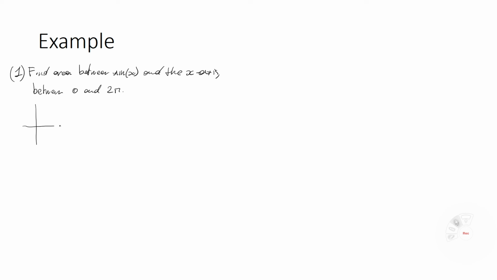In order to do that, let's graph our function first. This is the familiar sine curve. We have one full oscillation of the sine curve. This is 0, pi, and 2 pi. And what we want to know is this shaded area.